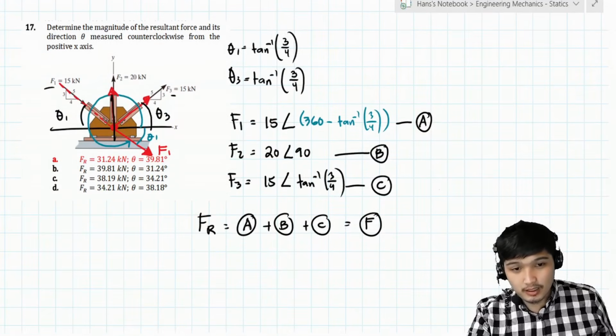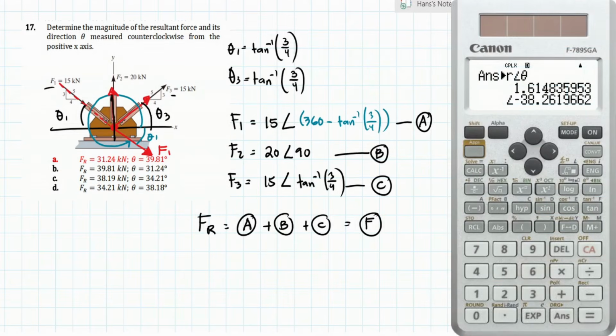Okay. So, gamit tayo ng calcu. So, that is 15 angle 360 minus arctan of 3/4. Okay, so next is 20 angle 90.